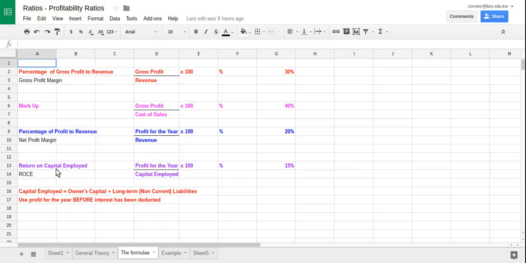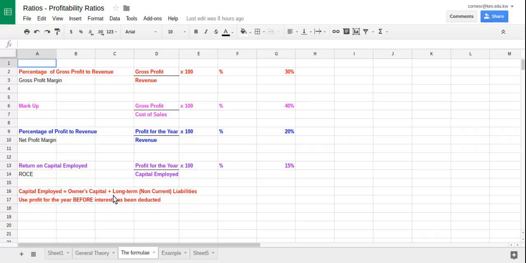Just look at the return on capital employed very quickly. The profit figure we use is the profit before interest has been deducted. And we do that because businesses make a choice about capital. When we're talking about capital and the ROCE, or return on capital employed, what we're talking about is long-term investment in the business, not just the shareholders' capital or equity or the owner's capital or equity.